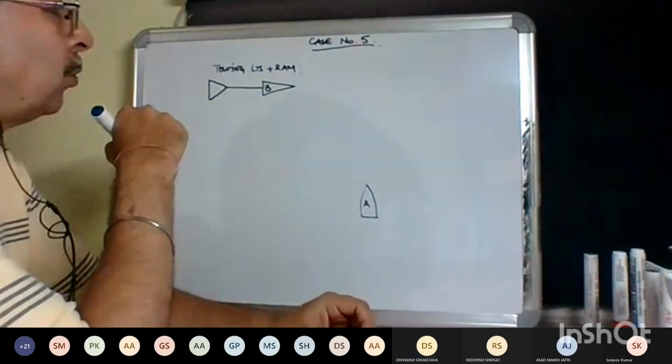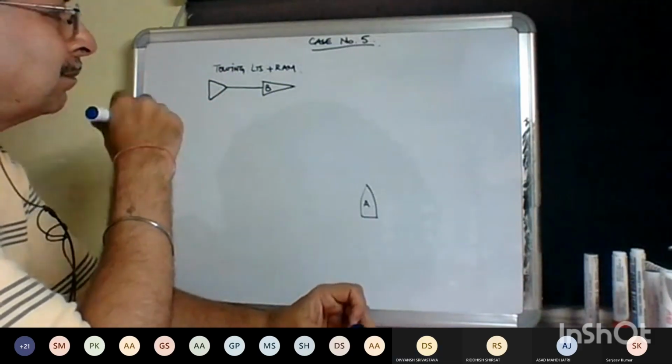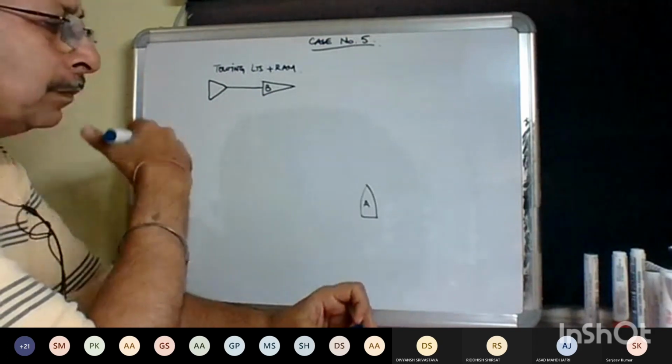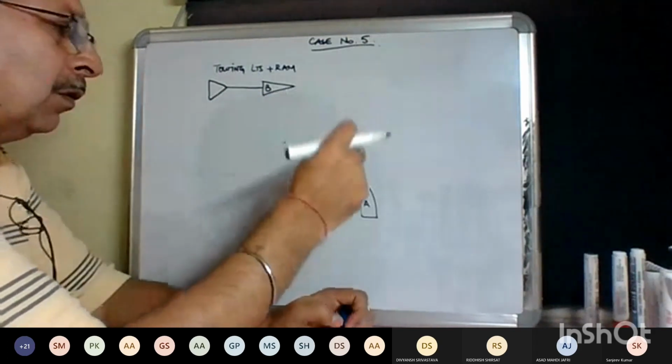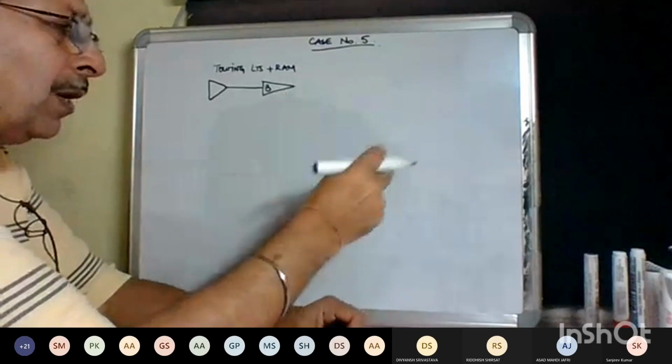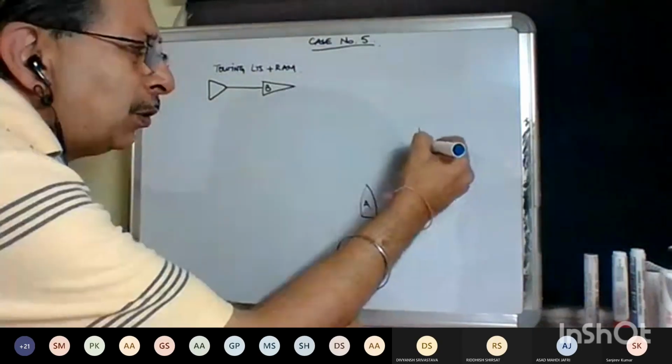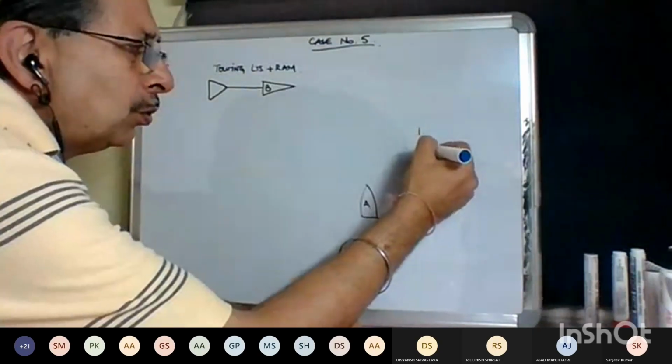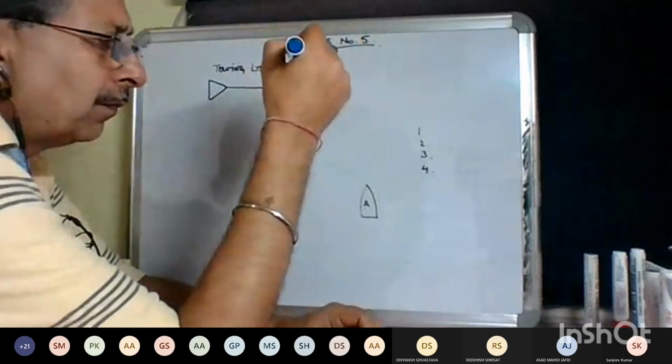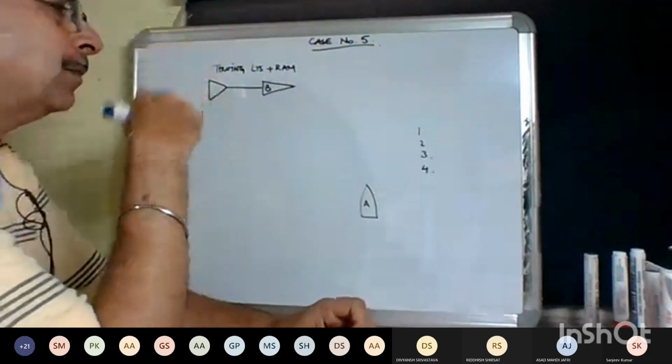Now we are talking about towing lights plus RAM. So point number 1, 2, 3 done. Point number 4. Whose duty to keep clear?